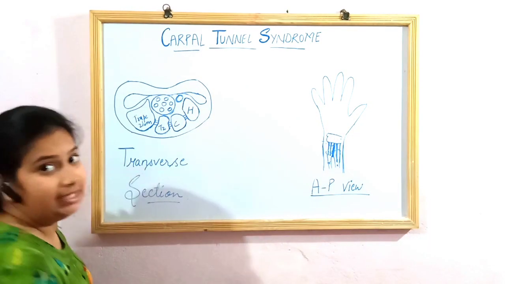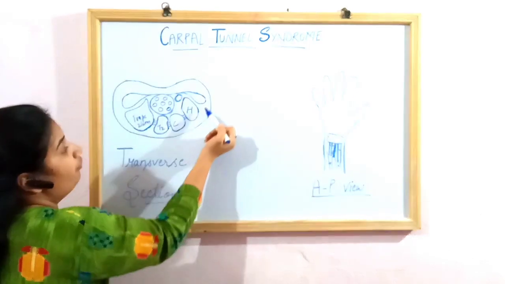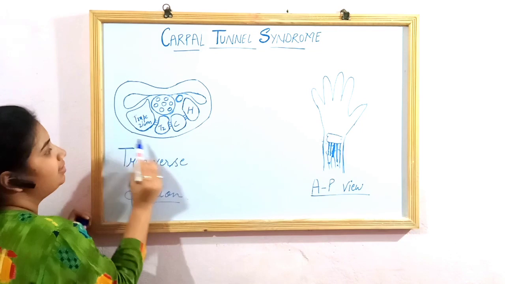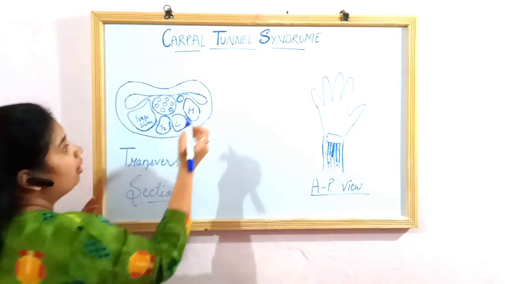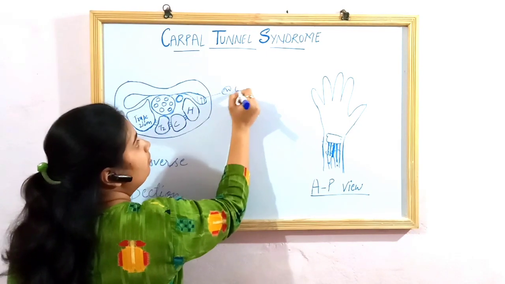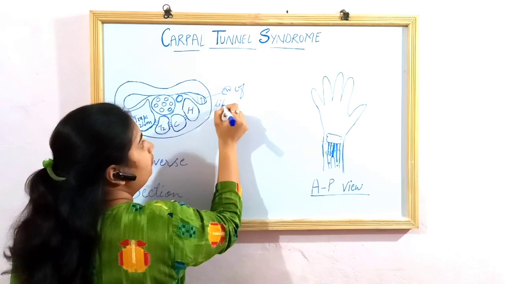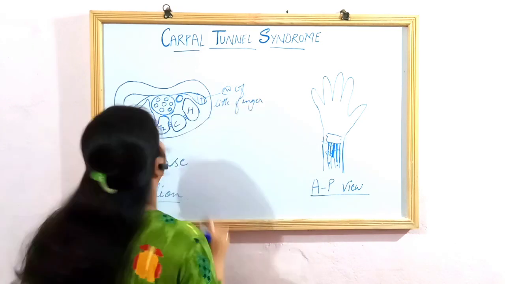This border you are seeing is the lining of the fascia of the wrist. This is the muscle of the little finger, your pinky finger.